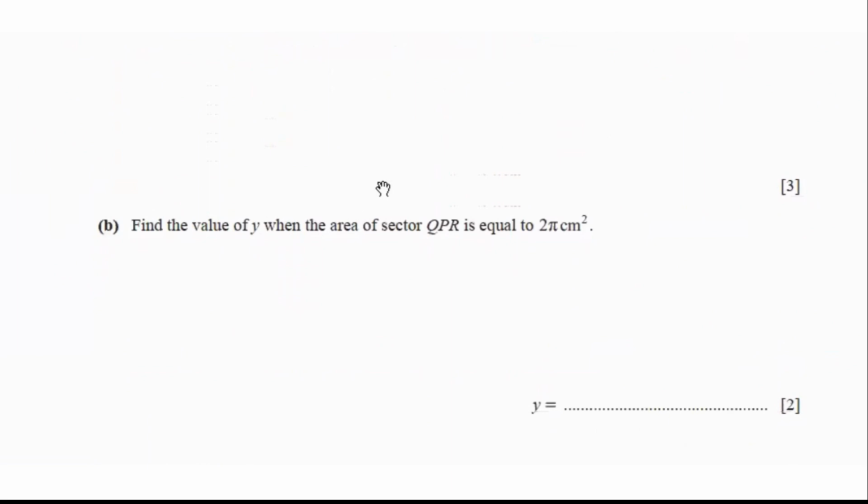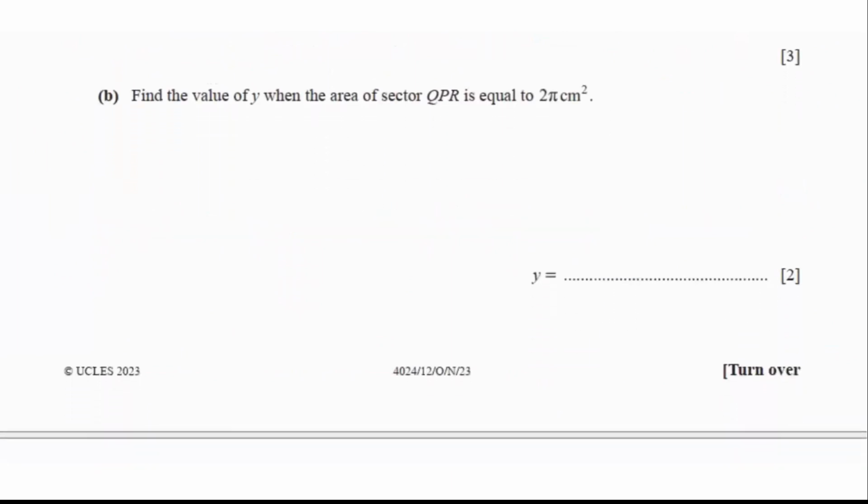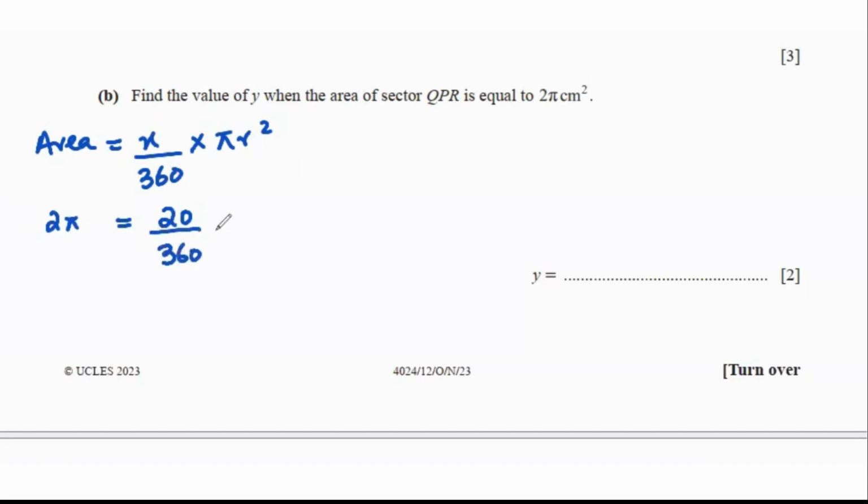Then it says find the value of y when the area of sector QPR is equal to 2 pi centimeter square. Area is going to be x over 360 times pi r square. 2 pi is equal to 20 over 360 because x was 20, times pi times y square.